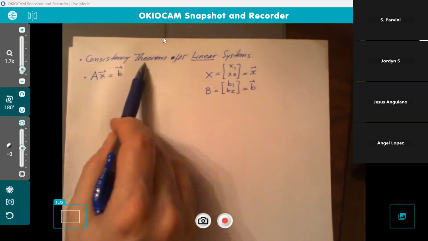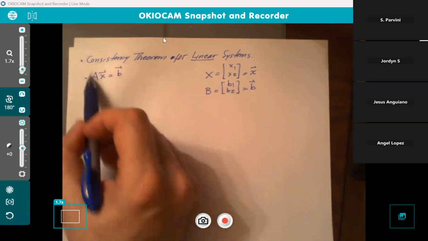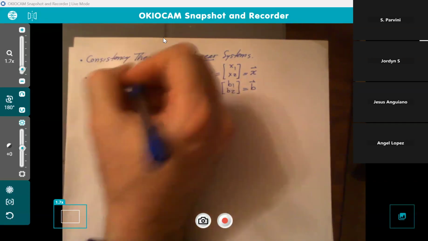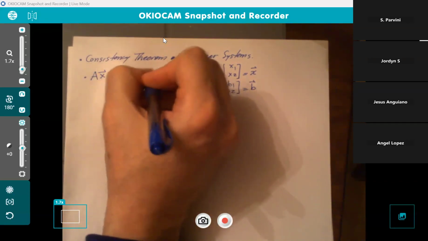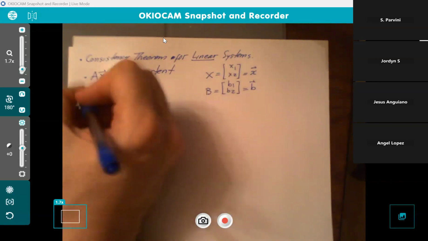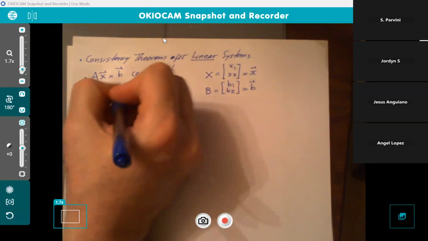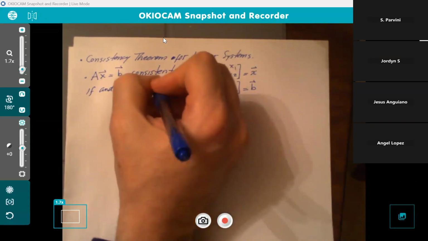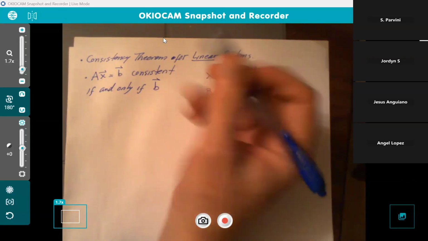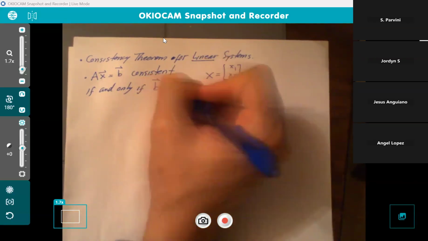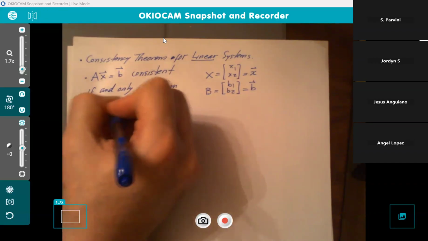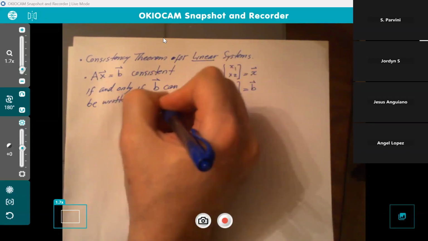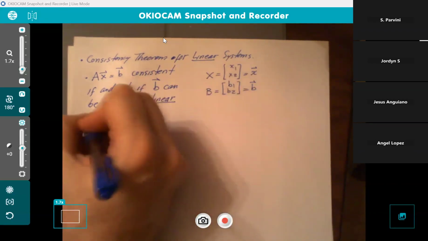Now, the consistency theorem says that this system is consistent. Let me write it. This system here is consistent if and only if that matrix B, or column vector B, can be written as a linear combination.